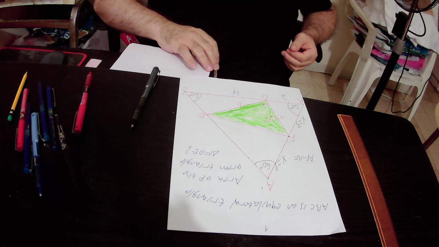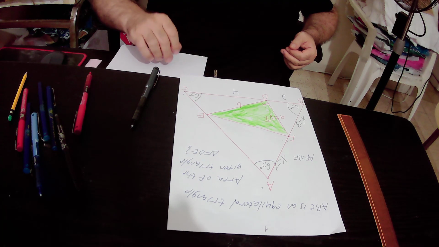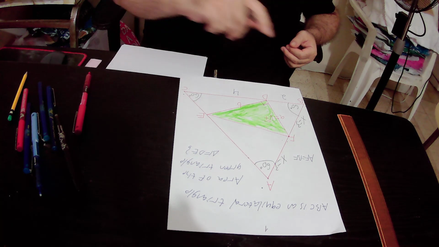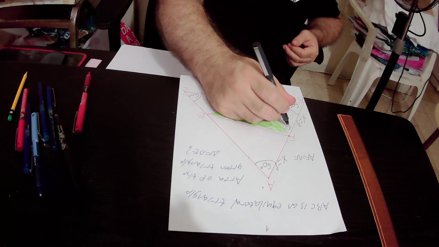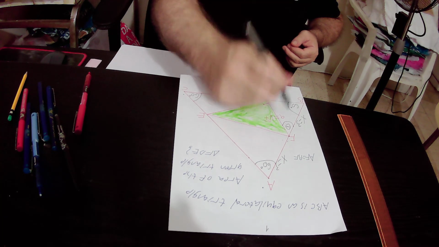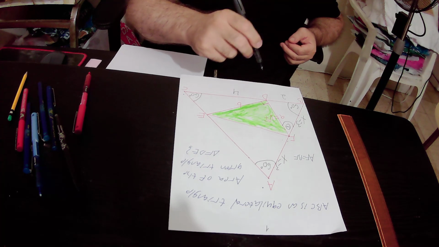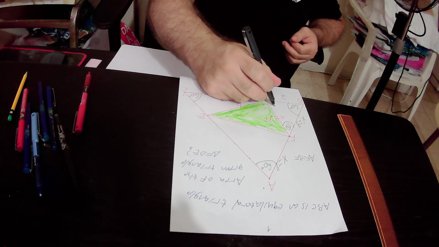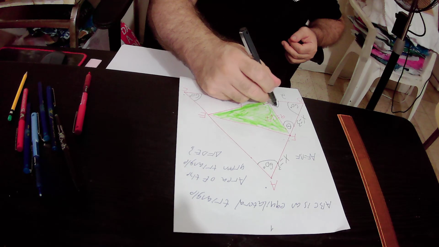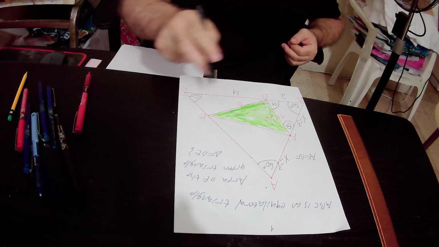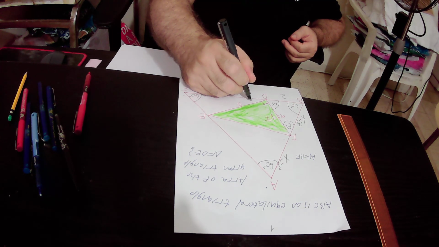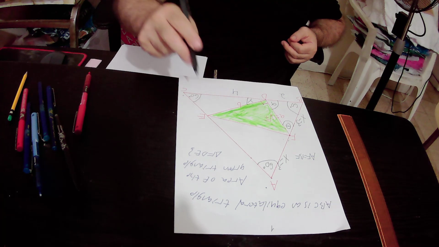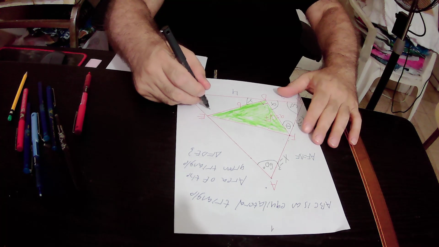Okay, in the next step we will define angle BFD as theta, angle BDF will be defined as alpha, angle EDC will be defined as gamma, and angle DEC will be defined as beta.